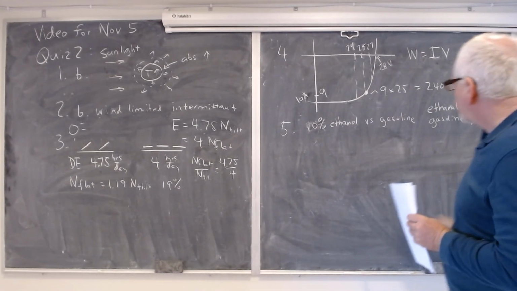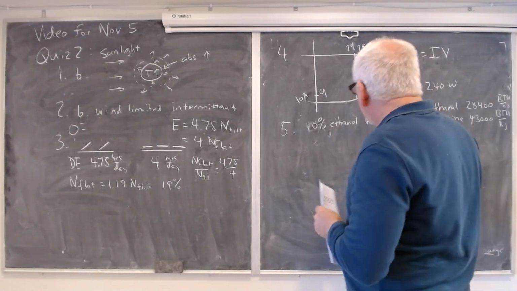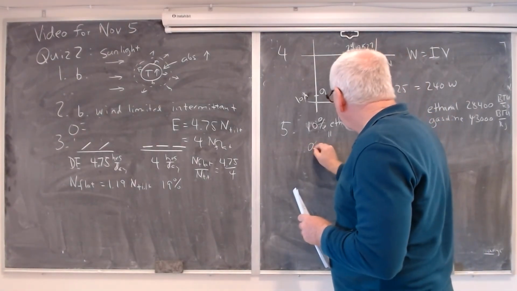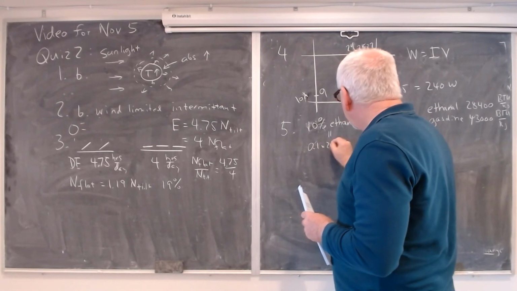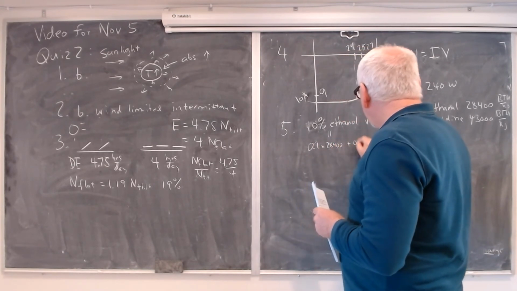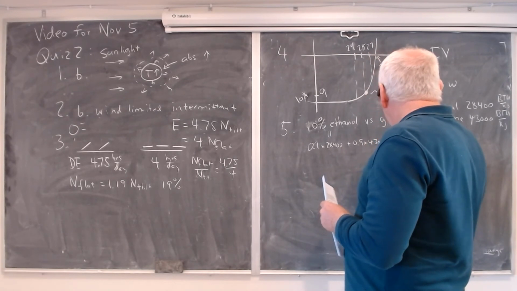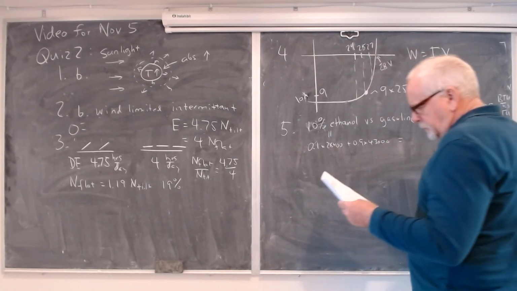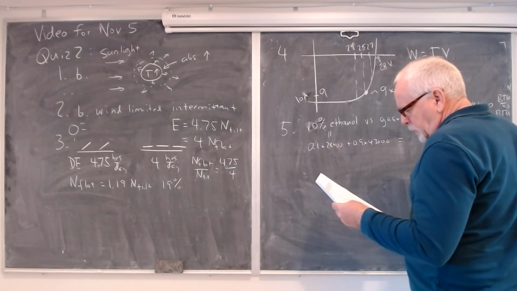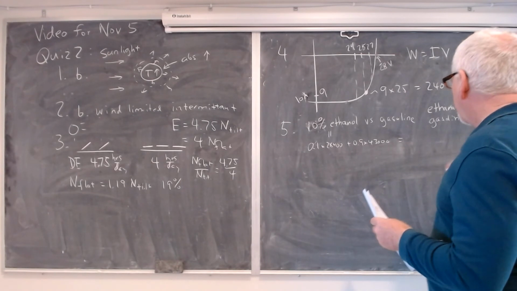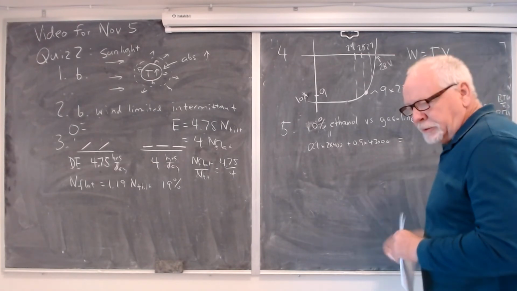And so 10% ethanol would be approximately 0.1 times 28,400 plus 0.9 times 43,000, and that works out to, I don't have it written down here, but let me get my calculator.